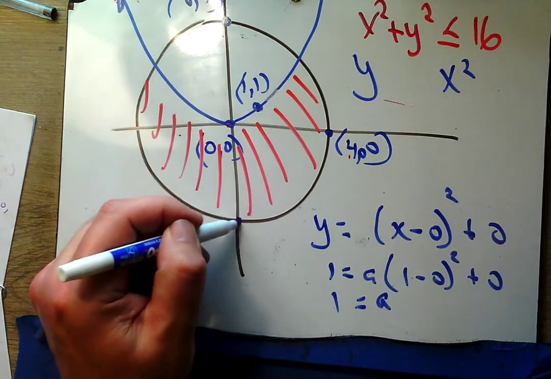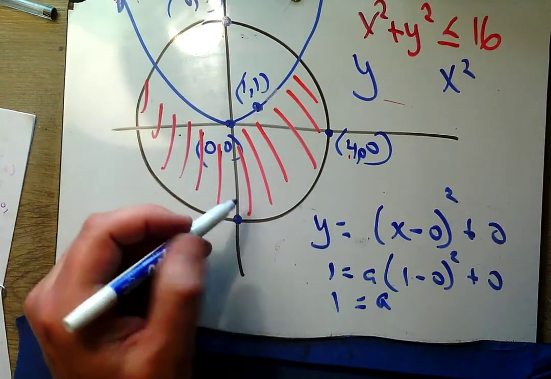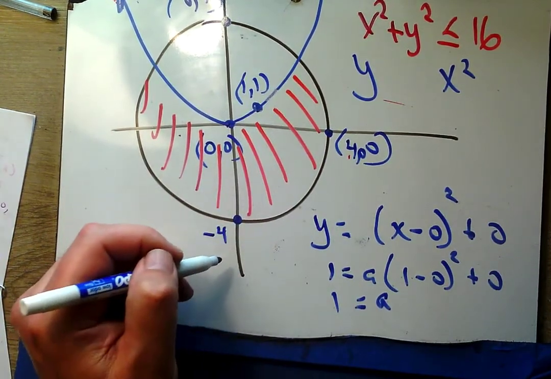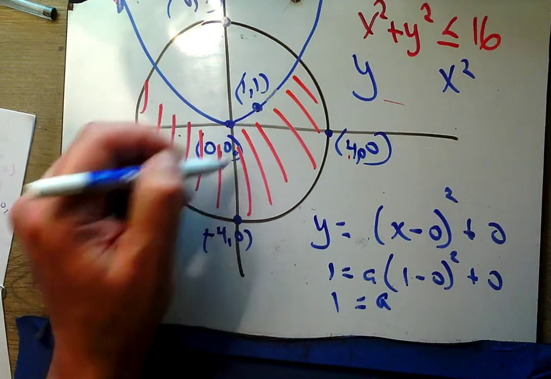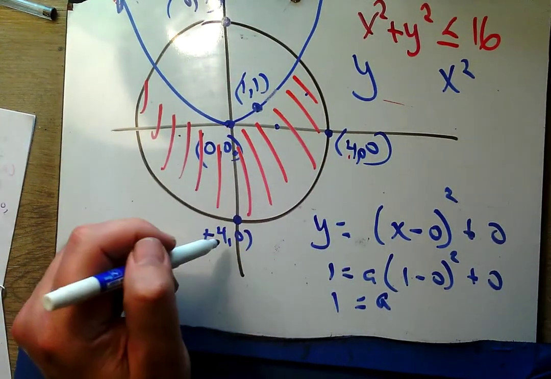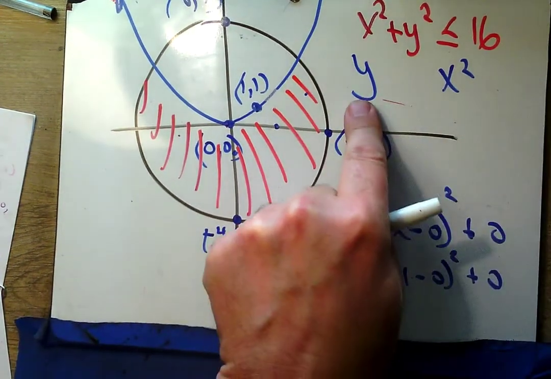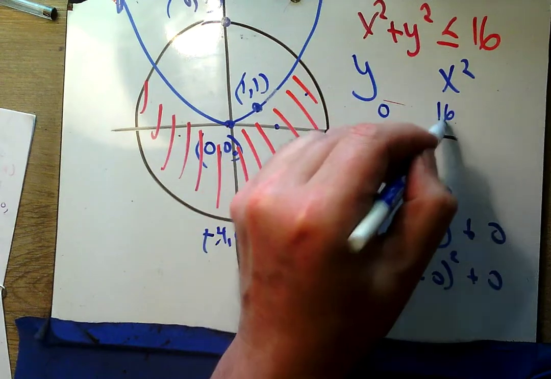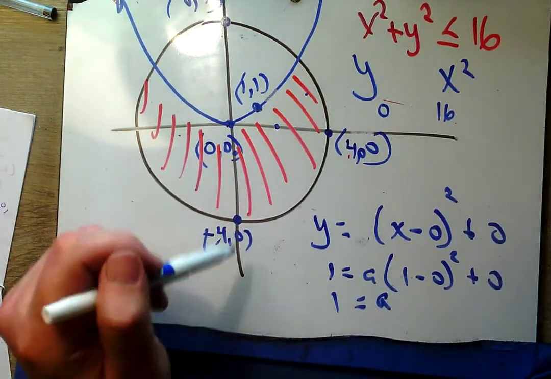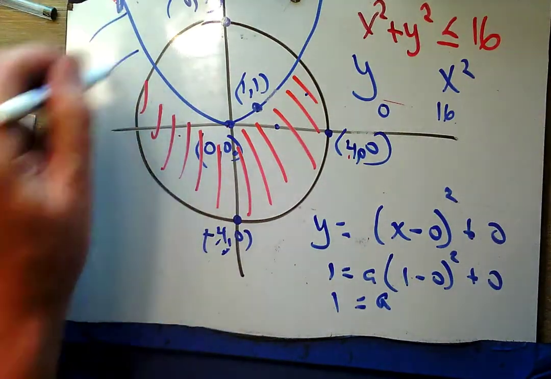Well, because the parabola passes through 0, 0, I'm going to use this point down here, negative 4, 0. You could certainly use that point, or even that point, but I'm just going to use this point. So if I plug in a negative 4 here, I get 16, and I get a 0 here. 0, 16, and I want this point to be part of the shading for the blue, right?